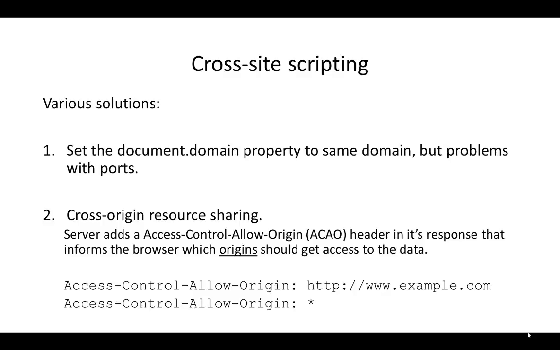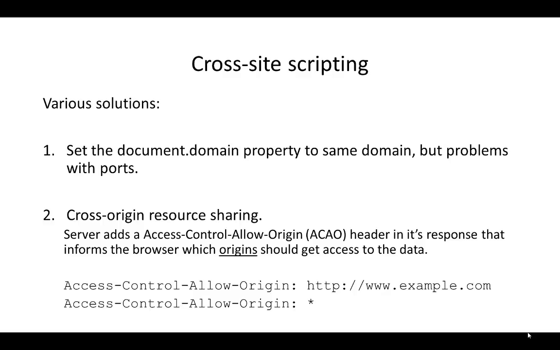The server can add what's called an access control allow origin header in its response, in what it returns to the URL request, which tells the browser which origins should get access to the data. So it's up to the browser to make sure that it knows whether it should be getting data from that site.